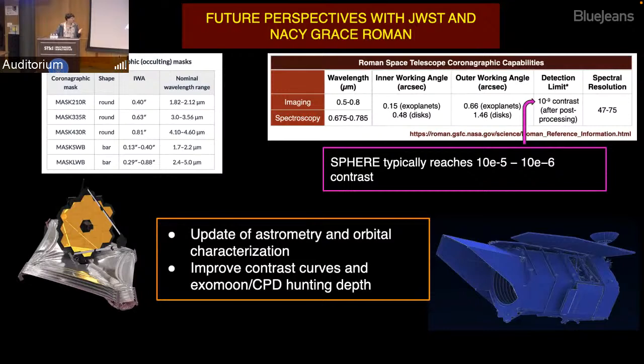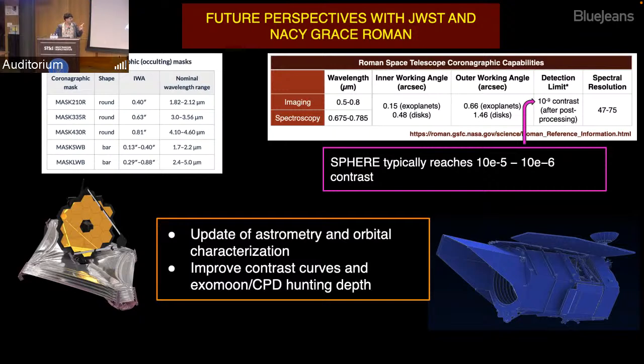Well, in this conference I'm talking about a lot of SPHERE, but we are aiming to use space telescopes that are more suitable to the task. We can see in this table some specifications from James Webb, and on the right a comparison of contrast of Grace Roman and SPHERE.